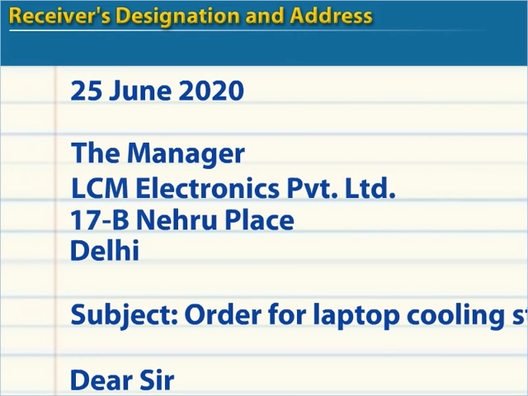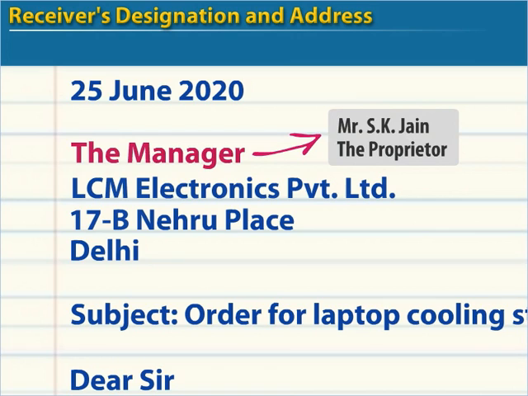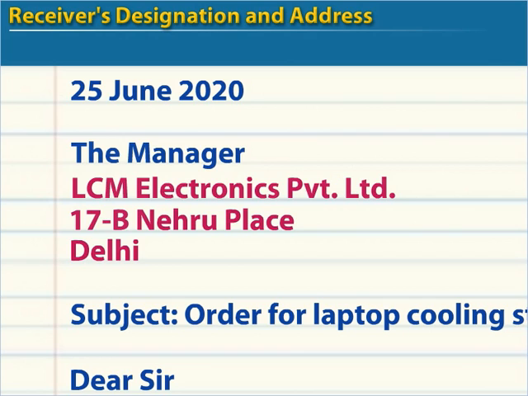First, write the name and then the designation of the receiver. For example, Mr. S.K. Jain, the proprietor. In case you do not know the name of the receiver, write only the designation. Write the official address right below the designation without leaving a line. Do not use punctuation as in all formal letters.